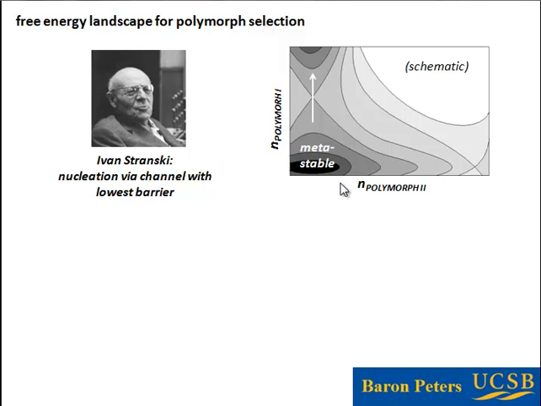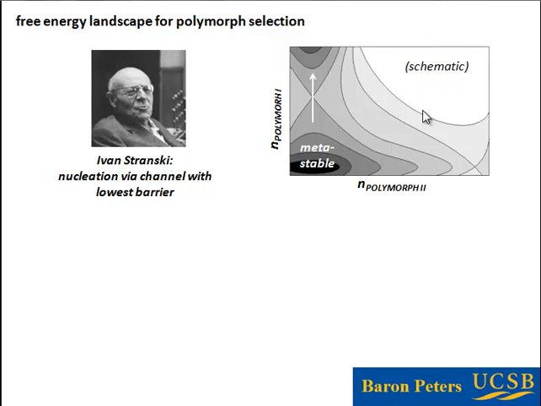He's describing a situation where you have a metastable basin, the molecules in solution, with no large nuclei formed yet. Then there is one channel the system can take, which goes through a free energy barrier leading to polymorph 2, or another channel that goes through a lower free energy barrier leading to polymorph 1, and Stranski says that the one going through the lower free energy barrier is the one that's going to win.